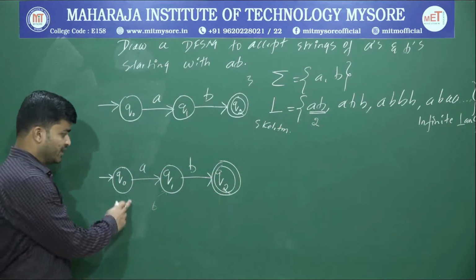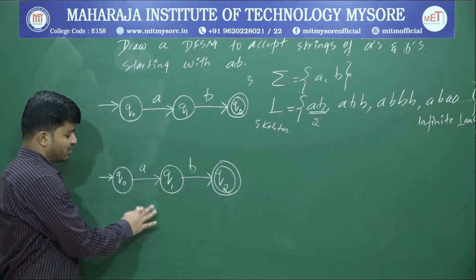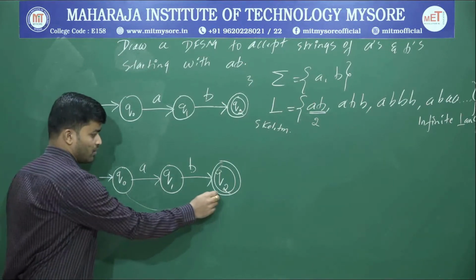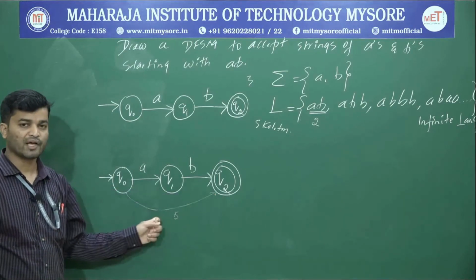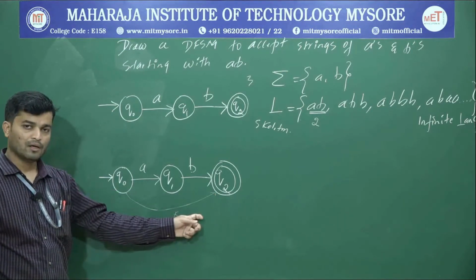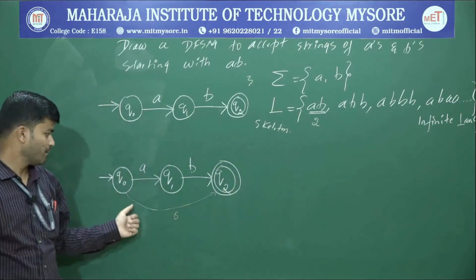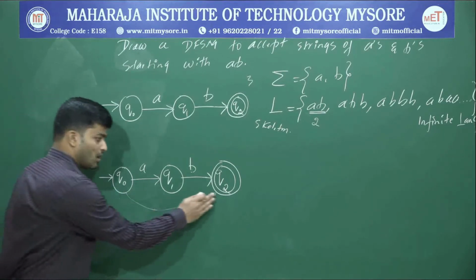Therefore, connecting to Q1 is not a valid option. Now try to connect with the next nearest state, which is Q2. If I connect with Q2, this will directly accept B. That does not belong to our language. Therefore, connecting Q0 to Q2 is also not a valid option.